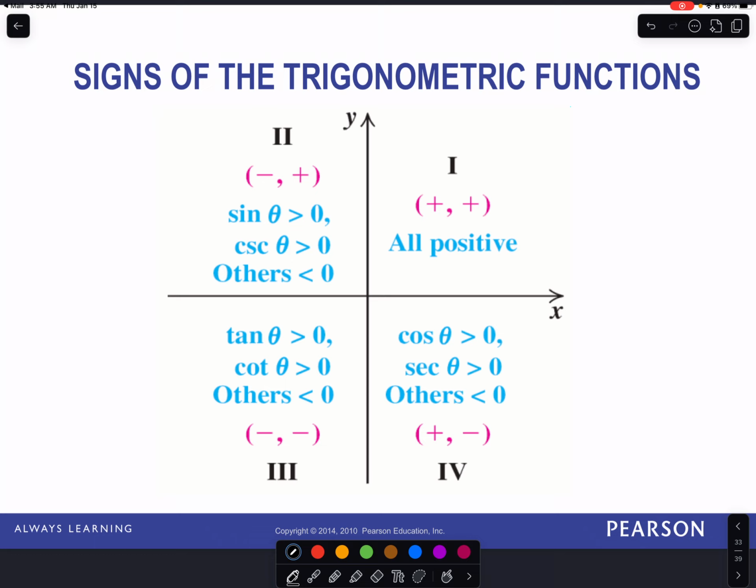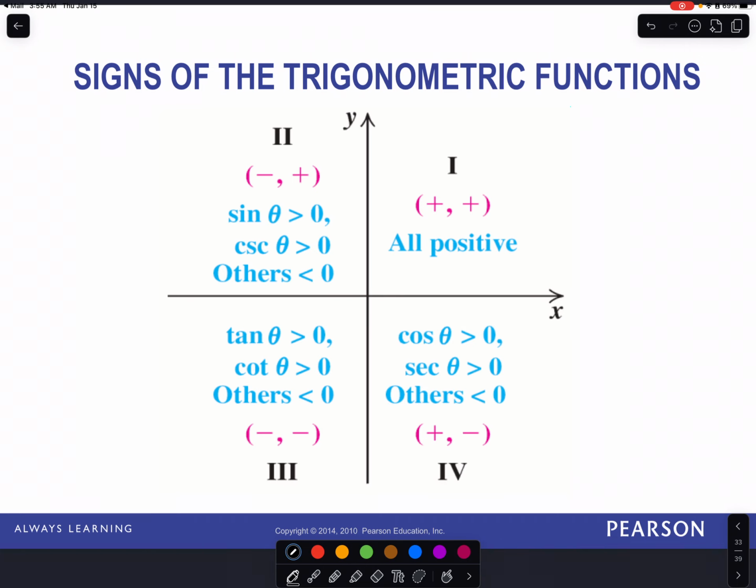So we have the signs of the trig functions based on the quadrant. In quadrant 1, everything is positive. In quadrant 2, x is negative. In quadrant 3, everything is negative, and when I say everything, I mean x and y. And in quadrant 4, our y is negative.